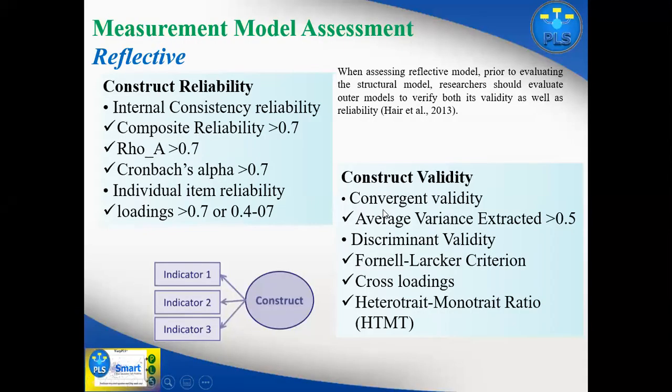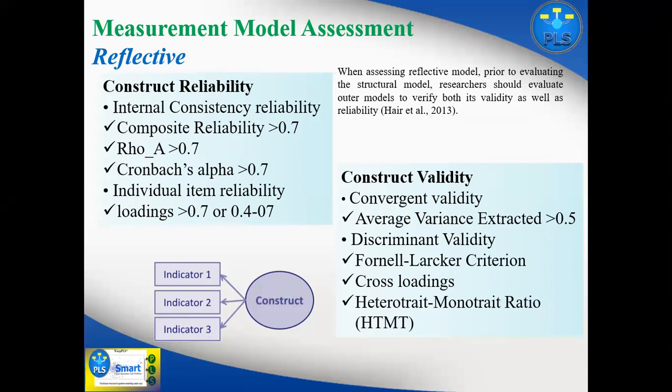Okay, so as I am saying, we assess the measurement model of a reflective construct using construct reliability and construct validity. What we need to know about construct reliability is whether these items can be reliable, meaning that we can rely on them in the future.